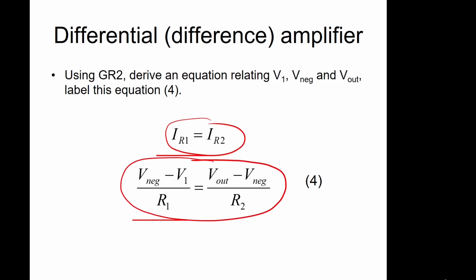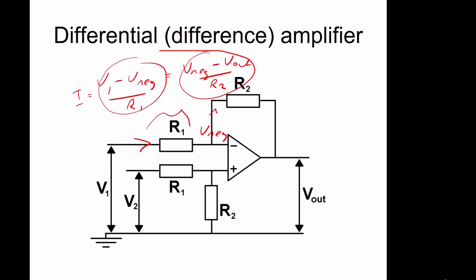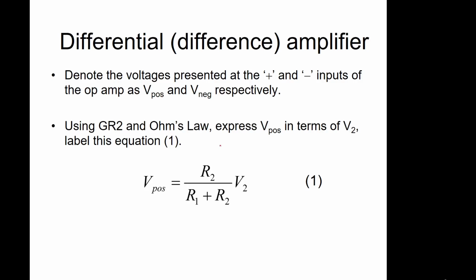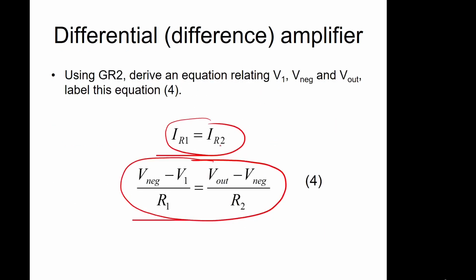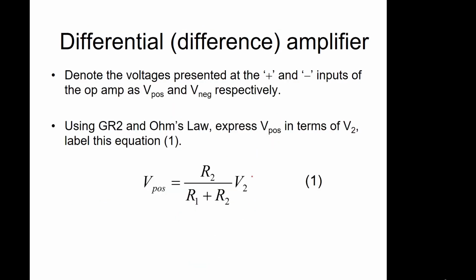Now from Golden Rule 1, we have said that the op-amp tries to make these two voltages the same. So V pos and V neg will be the same value because the op-amp is trying to make it the same value. So our V neg here and here is going to be the same value as V pos, which we've defined here.